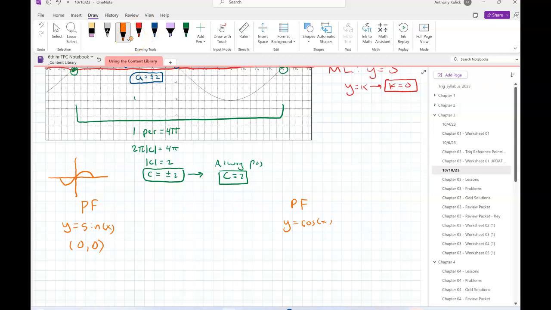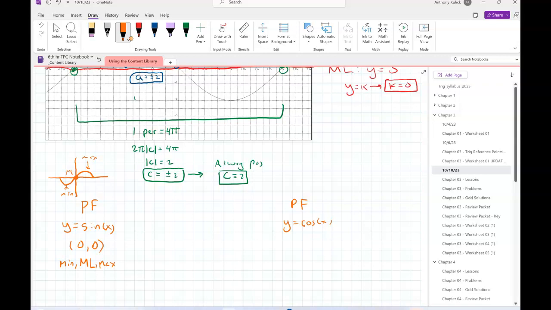So this point 0, 0 is a midline point. Preceding the midline point is the minimum. And following that midline point is the maximum. So I'm going to write that next to it to remind myself of what kind of midline point I have.